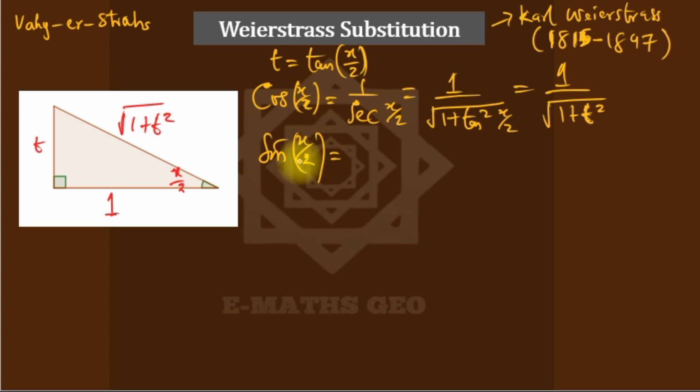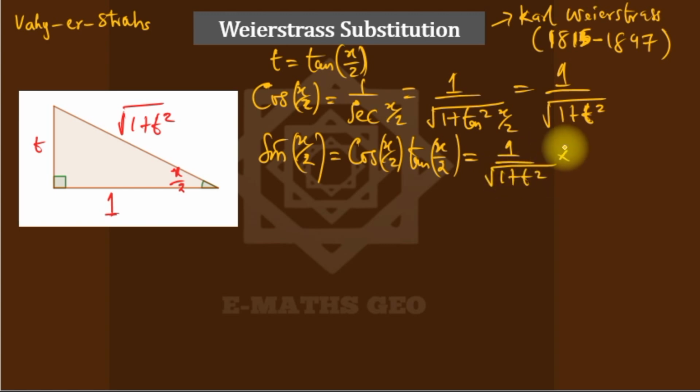Tan is sine over cos, so sine will be cos times tan. So this is 1 over square root of 1 plus t squared times tan, which is t. So we have t over square root of 1 plus t squared.